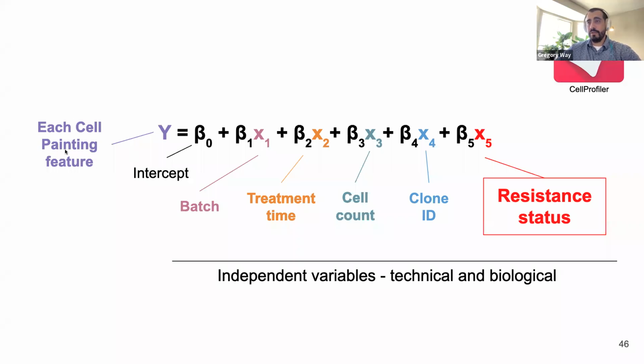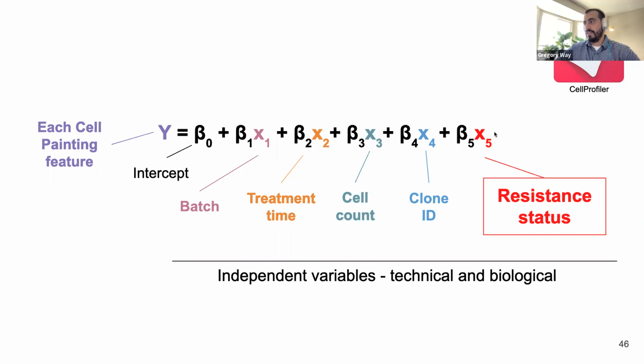For each individual CellProfiler feature, or cell painting feature, we fit a linear model that is designed to adjust for different covariates: batch, treatment time, cell count, clone ID, and resistance status. So we really care about this particular covariate, the status indicator.